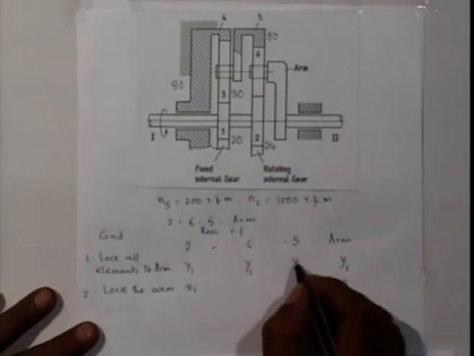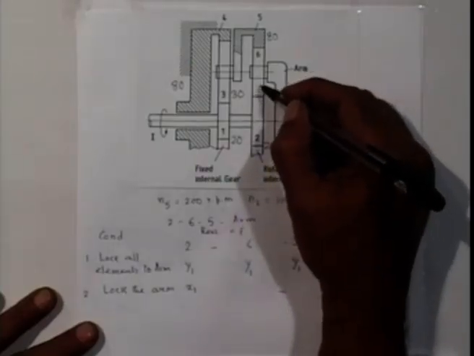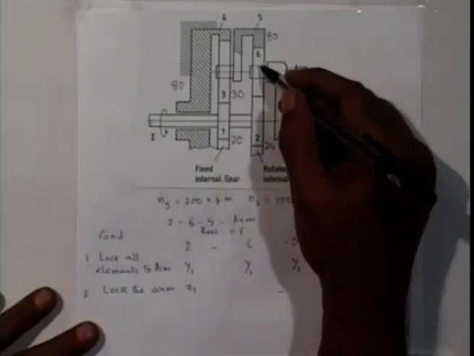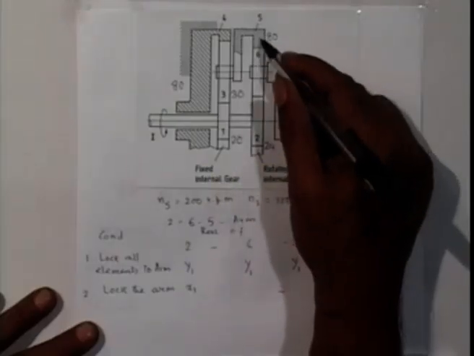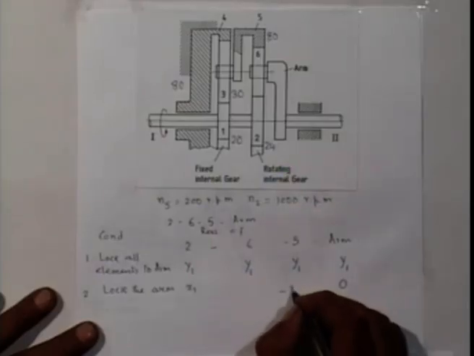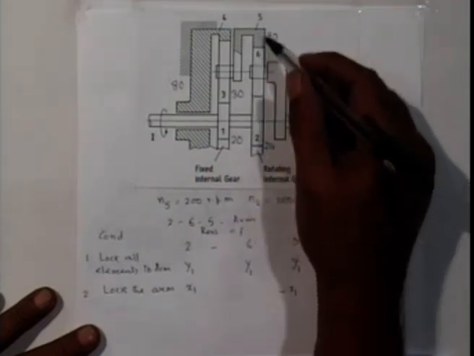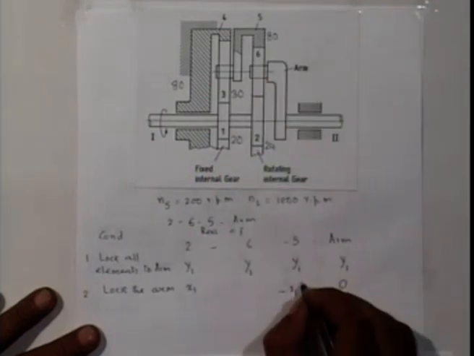Then gear 5 rotates in the opposite direction because this intermediate gear makes it opposite direction. 6 and 5 rotate in the same direction. So minus x1 into number of teeth on this gear is not needed. So 24 by 80.